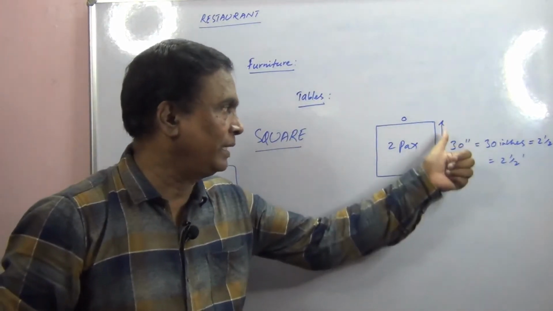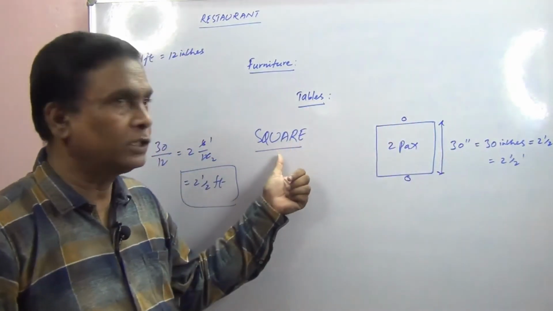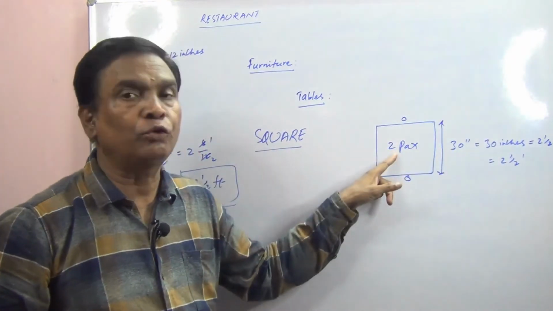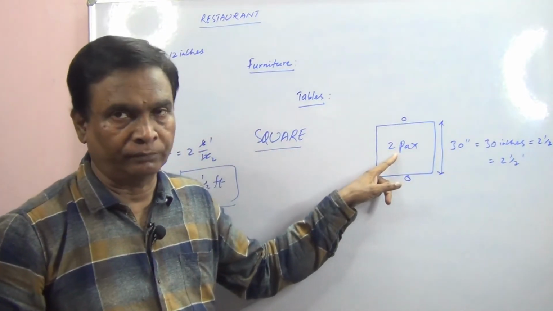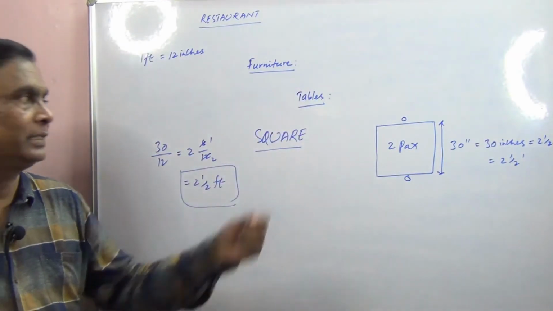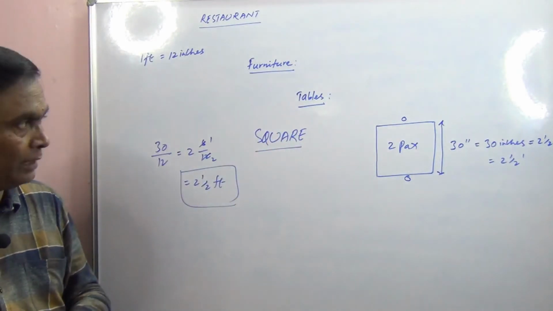So if you know one side, all other sides are also equal because it is a square model, but the size is meant for only 2 people, not for 4. So what is the size for 4 in case it is the same square model? So let us see now.